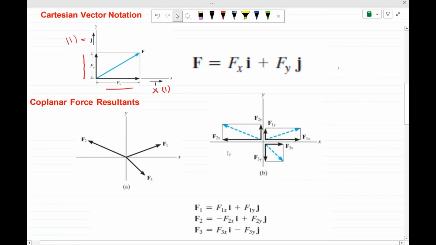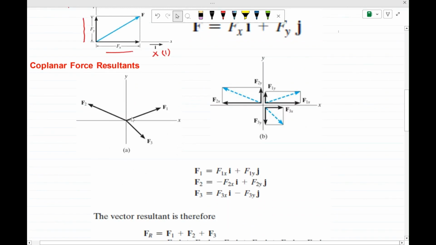Now, the resultant force of the coplanar forces. When a few forces are acting on the same point, we are going to resolve all of these forces into rectangular components, each one of them. So each force is going to result in one component in the x direction and the other in the y direction. Just pay attention to the negative sides of the axis.